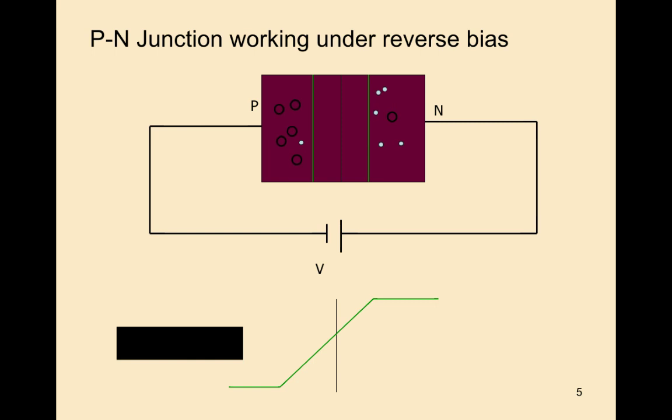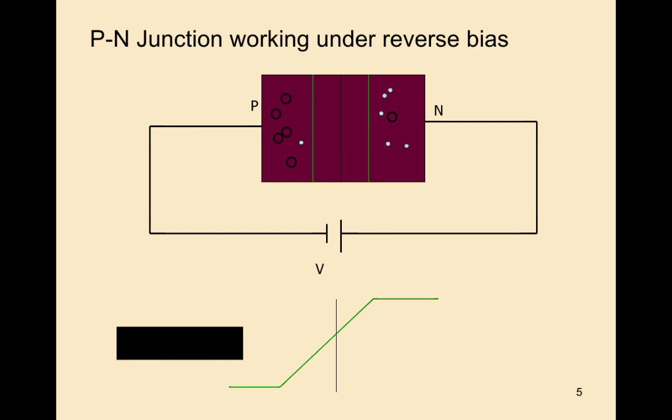See here, the holes present on the p side move towards the negative terminal of the battery, and the electrons present on the n side move towards the positive terminal of the battery. Here the battery negative terminal means electrons exist there.